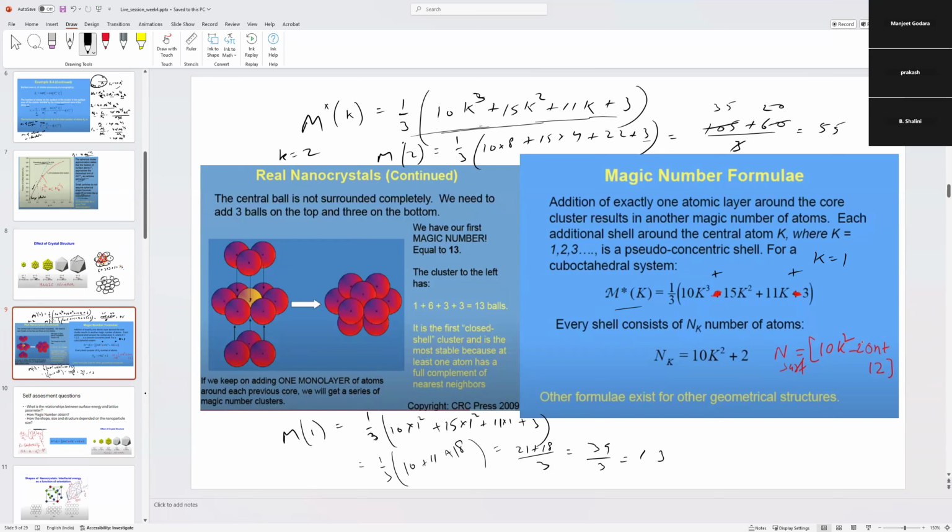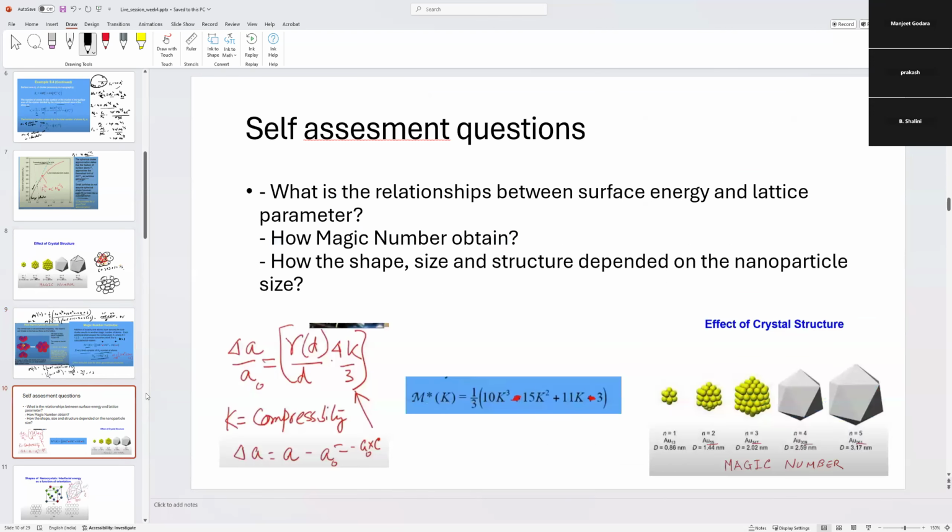And yeah, so every shell of atoms around the central atom contains n_k atoms. There is also a question about the relationship between surface energy and the lattice parameter.